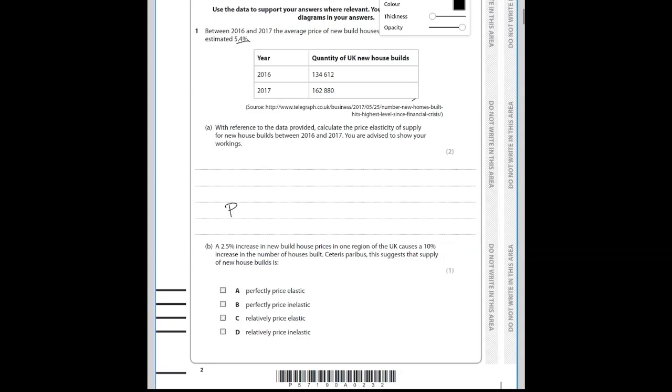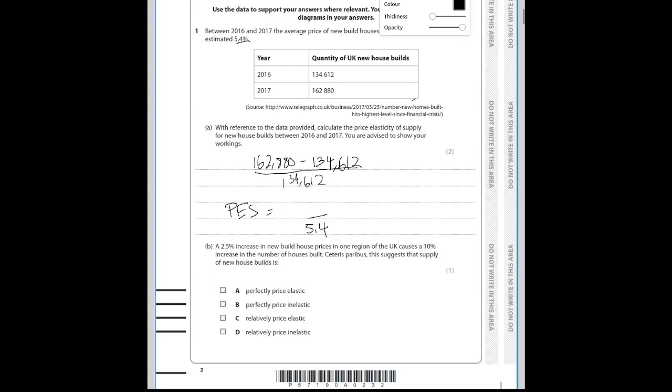So we already know what's going on the bottom. Our PES is going to be 5.4 on the bottom. What we need to find is the component that's going to go on the top, which will be our percent change in quantity supplied. The way we're going to do that is we're going to go from 2016 to 2017, 162,880 minus 1,340,612 over 1,340,612.